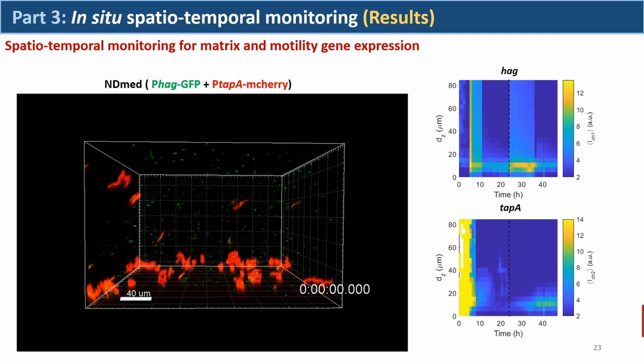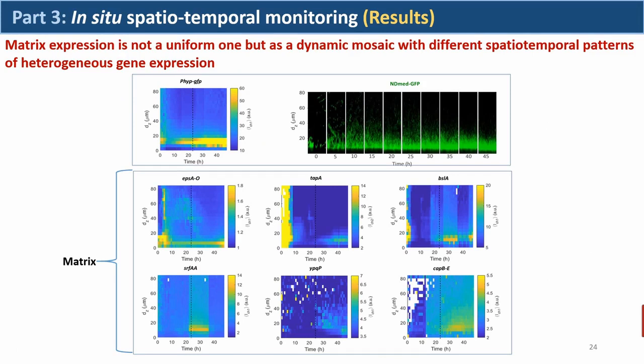Since we are interested in the biofilm, we have also reported other matrix-related genes. Here, just as a reference, we used NDMed, which was constitutively reported by GFP, and here are the different matrix-related genes. This shows that matrix expression is not uniform, but a dynamic mosaic with different spatiotemporal patterns of heterogeneous gene expression.